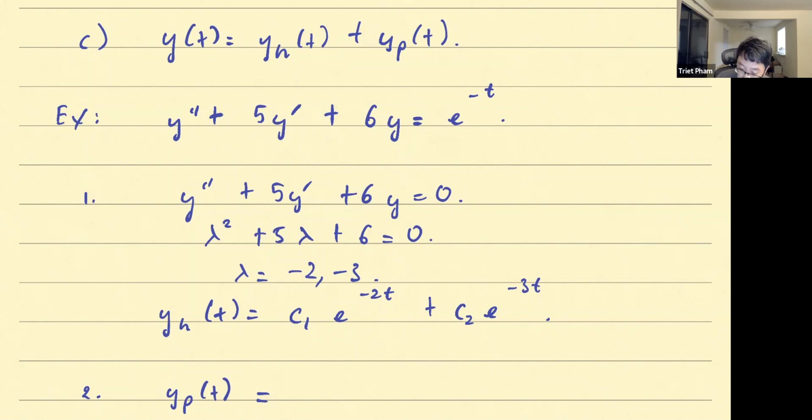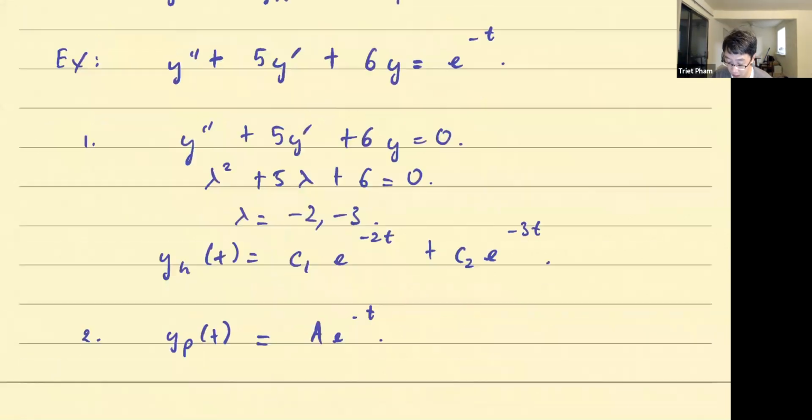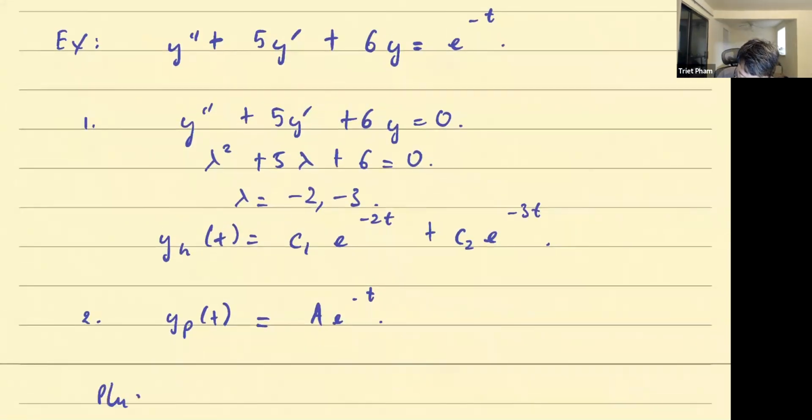Does anyone remember what the guess for this is? It's the same exact principle as the first order equation that we talked about. Correct, A e to the minus t. Then you plug in and solve for A.